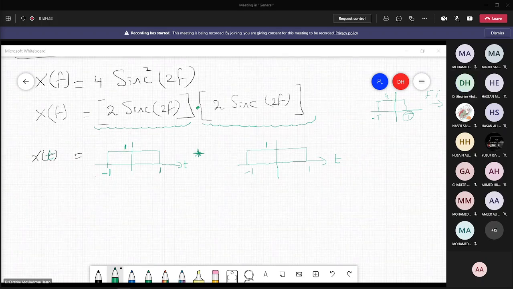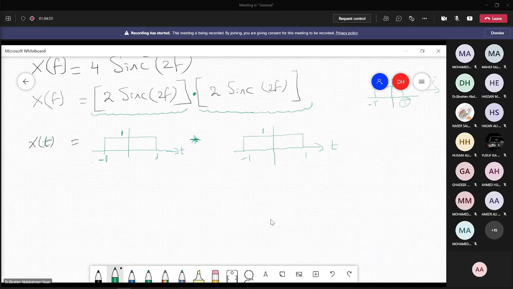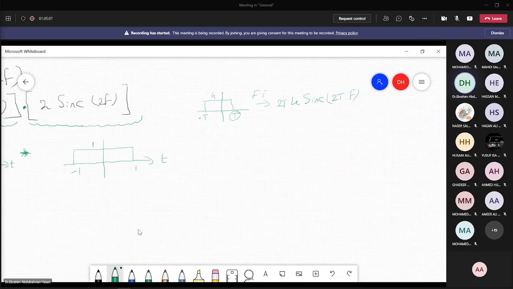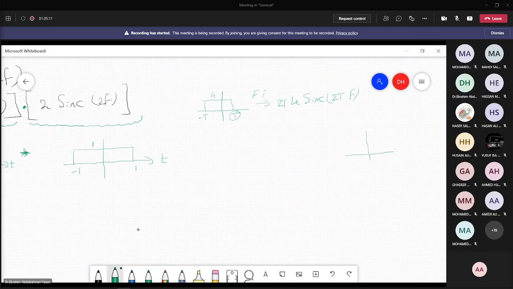Okay. Did you solve this? It's very easy, huh? Convolution. So we fix one, from minus 1 to 1.